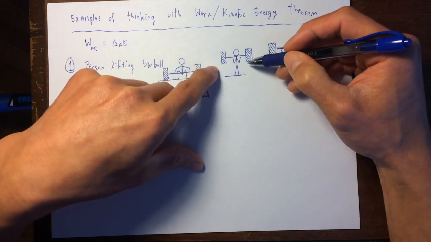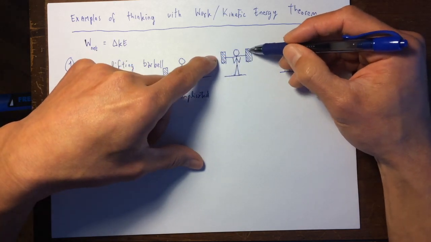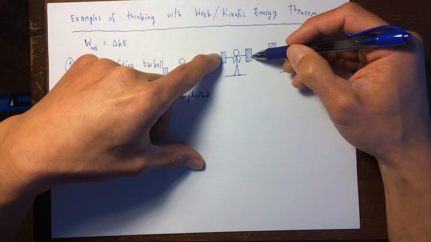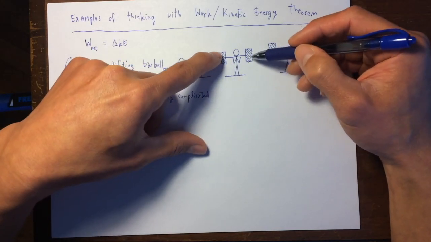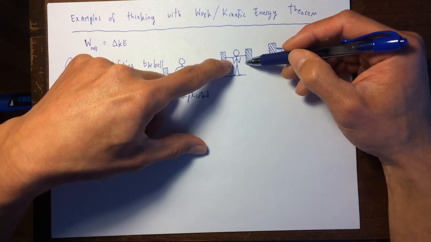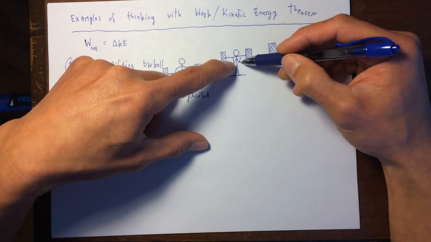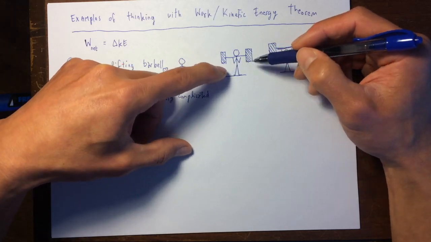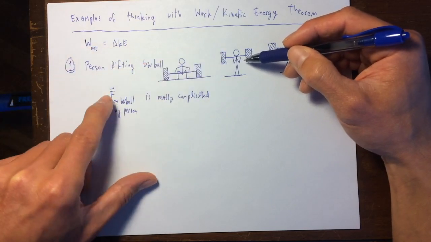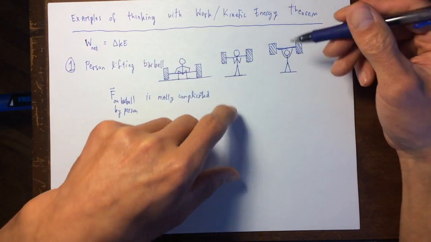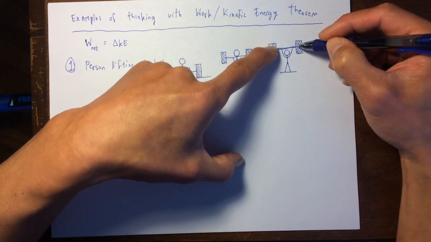But as the barbell goes up to this person's shoulders and they can rest and the barbell is momentarily not moving anymore, they were able to relax the force, and the force on the barbell for a short amount of time was much smaller than the weight of the barbell. And so what this person could do is allow the barbell to come to rest just by sort of turning off their force on the barbell. But then they have to turn it back on and press it up above their head.